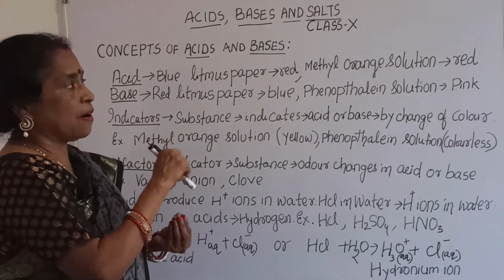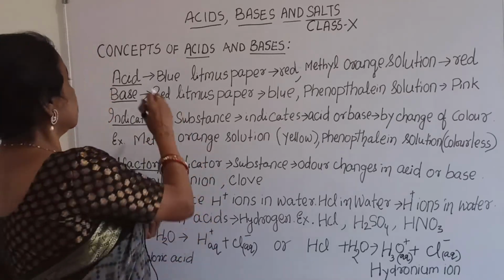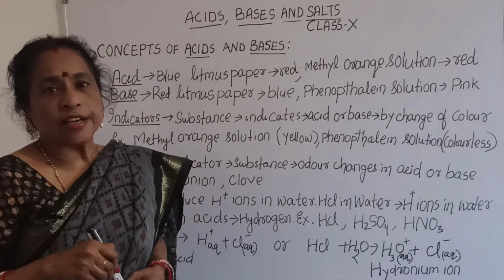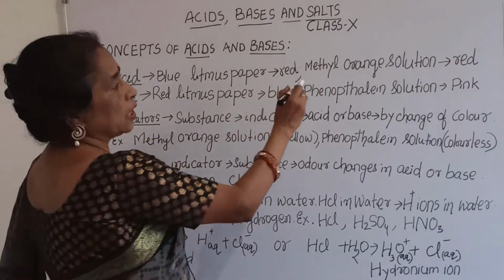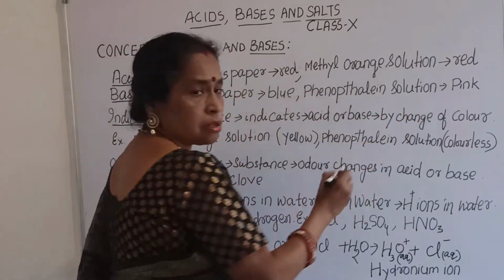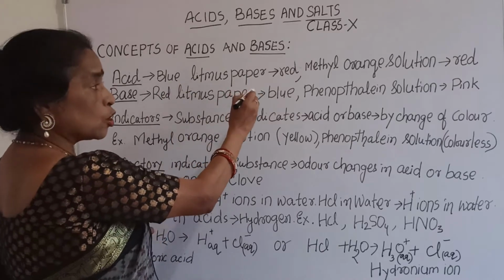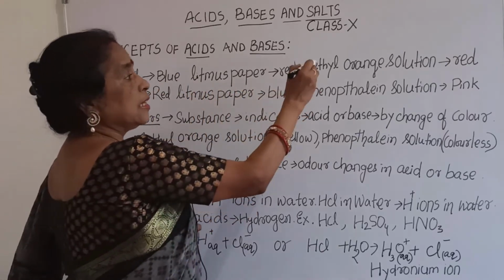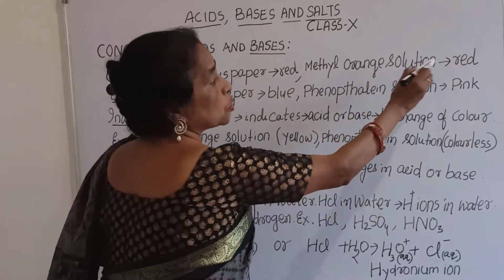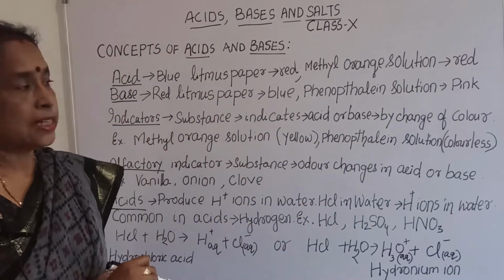If I add methyl orange solution to acid in a test tube, what will be the color of the acid? It changes to red. Here blue litmus paper turns red and here the solution turns red. What solution? Acid solution. I think it is clear.